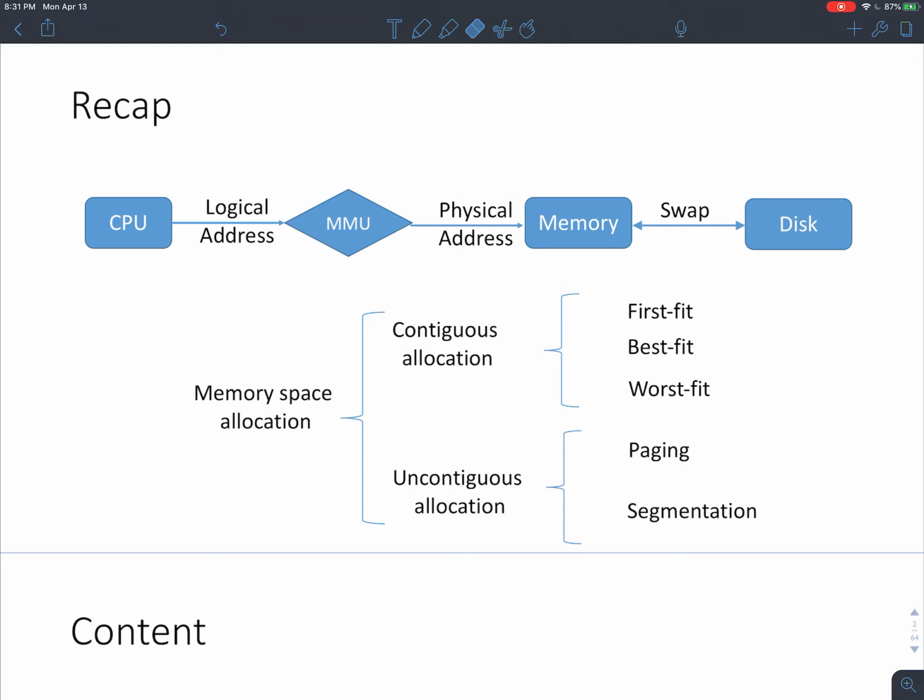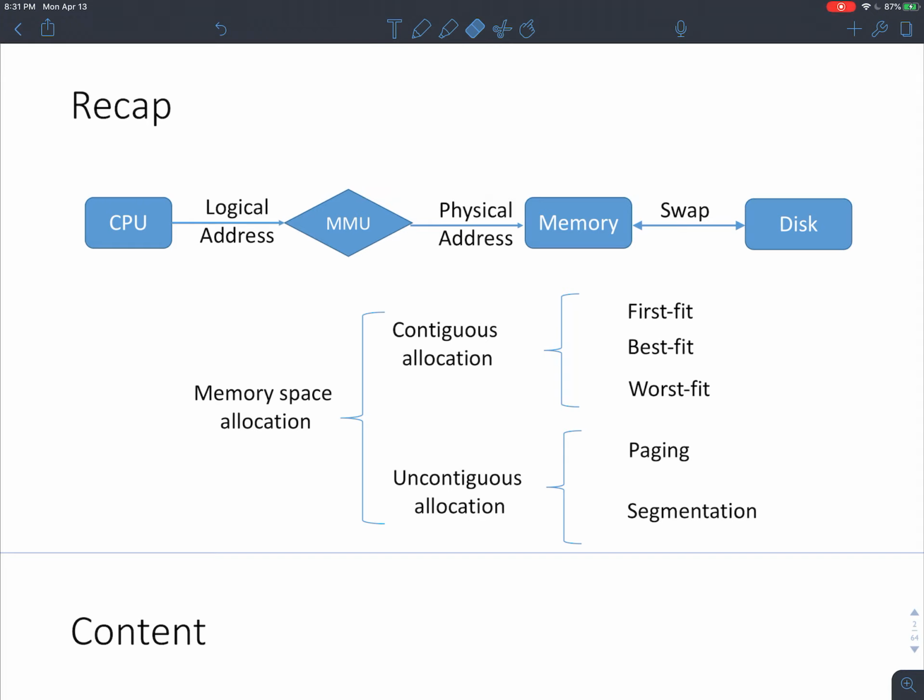It's an imagination of the memory space, and so whenever we are given a logical address, we need to refer to the MMU, which is the memory management unit of our operating system, to translate the virtual address into physical address, so that we can go to the exact location in our physical memory and retrieve the data for us, or the files for us.